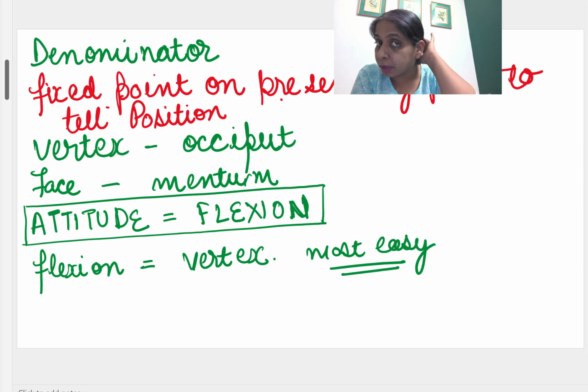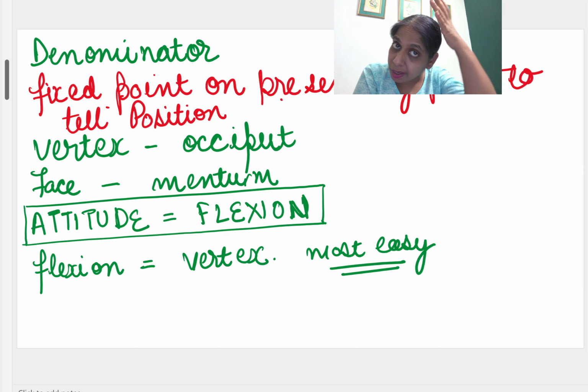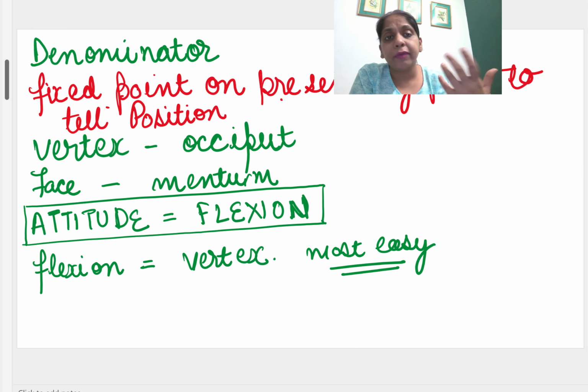Because the occiput is pointed, it can be easily felt, and we can easily tell that the anterior fontanelle is at this much margin. Denominator means a fixed point on the presenting part to tell the position and all the relevant things about the fetus.